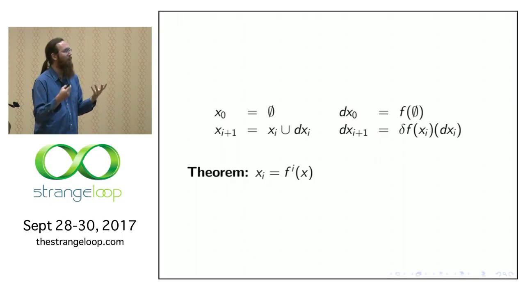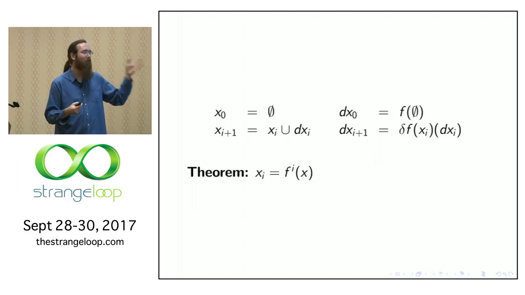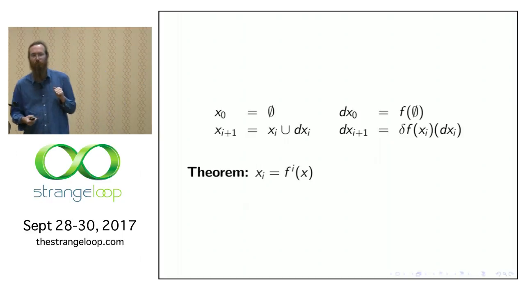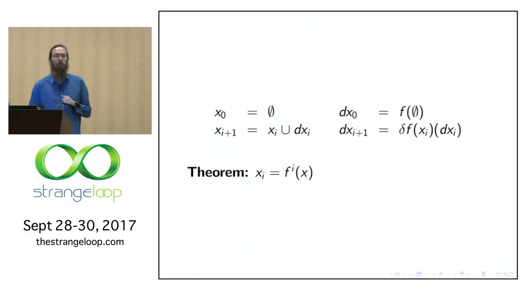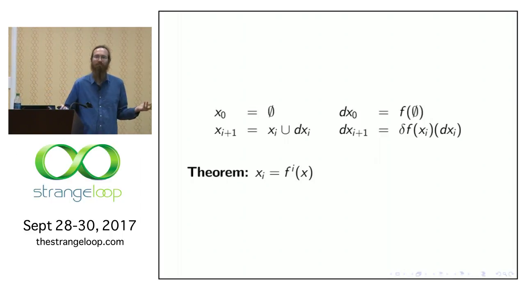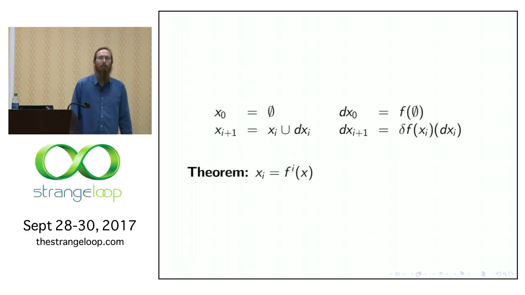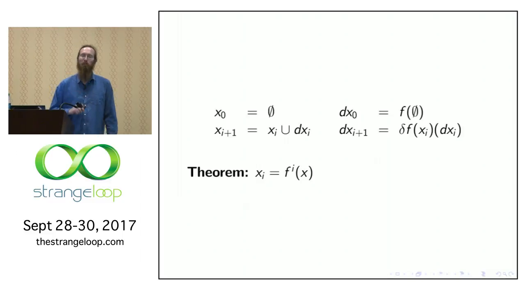And then the part where we use the actual derivative is the next change value, the next value of dx, is going to be the derivative applied to the previous actual value and the previous change. And it's very simple, and it works. Whether it makes things go really fast, we're not sure yet, because we haven't implemented it. But we hope.